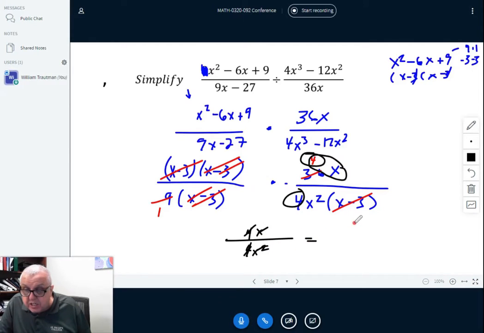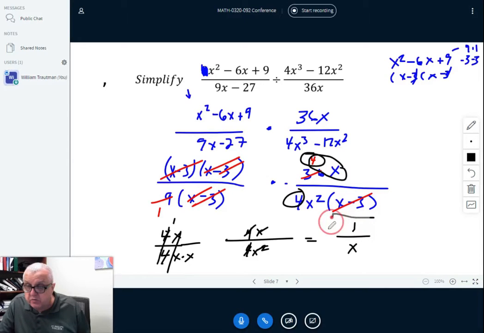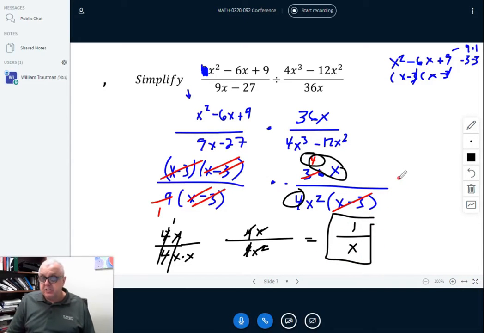So if everything on the top canceled, you're left with a 1. And on the bottom, do you see we had 4x over 4x squared. X squared is x times x. So the 4's cancel and x cancel, and we're left with an x on the bottom. When they cancel, 4 divided by 4, you get 1. So that's why there's a 1 left over. That's the answer to this particular problem.